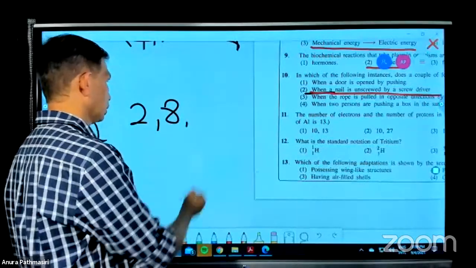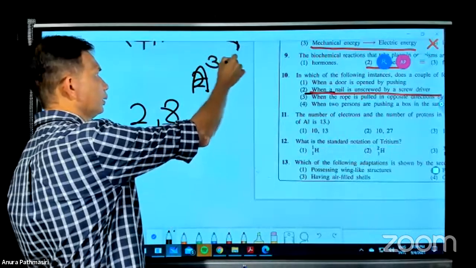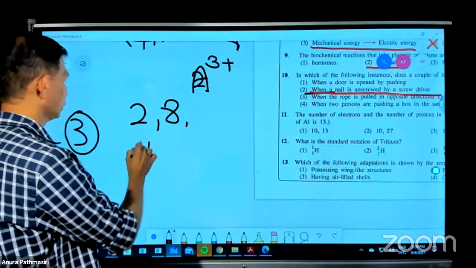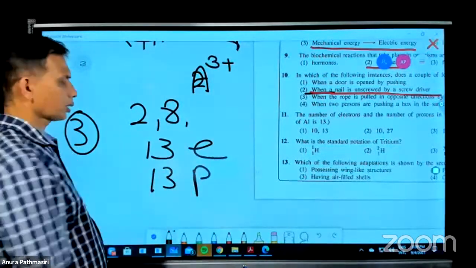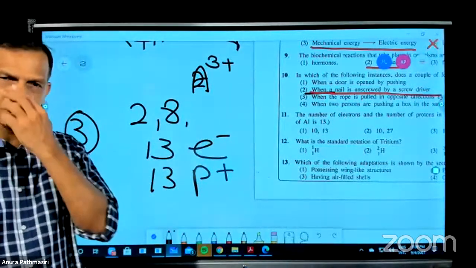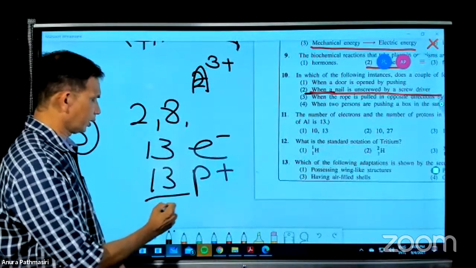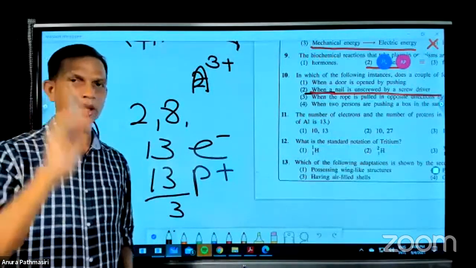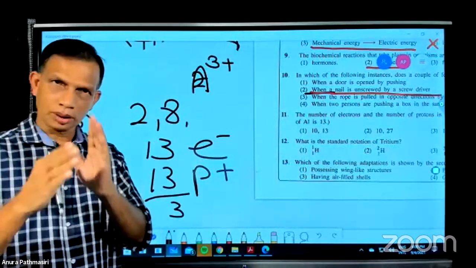And now it makes the aluminium 3 plus ion, because to suit 13 electrons, there are 13 protons as well. Electrons are negative and protons are positively charged. So when you remove 3 electrons from them, 3 protons are in excess without having opposite charges to neutralize them.